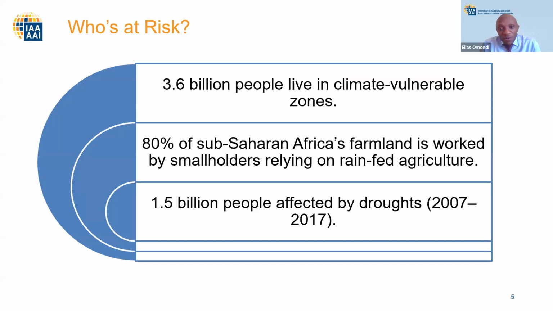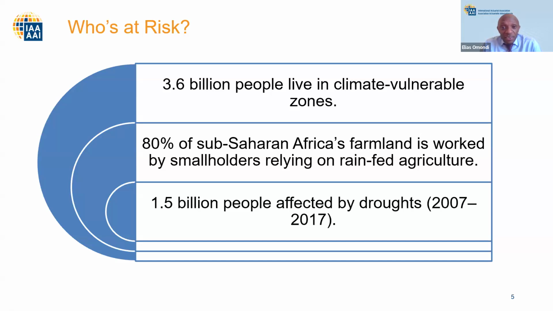3.6 billion people live in climate vulnerable zones, and that indicates that we really need to think about how we solve their current challenges, and how we build solutions that will support these highly climate vulnerable people. Secondly, 80% of people in sub-Saharan Africa depend on farmland, and importantly, these farms rely on rainfall.